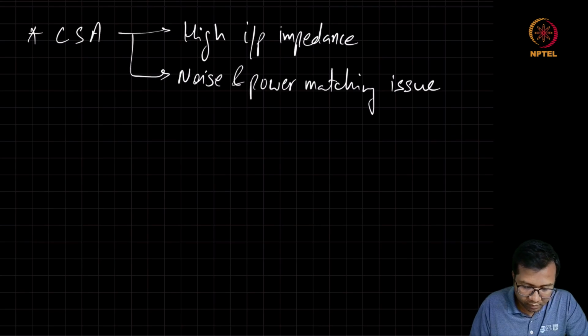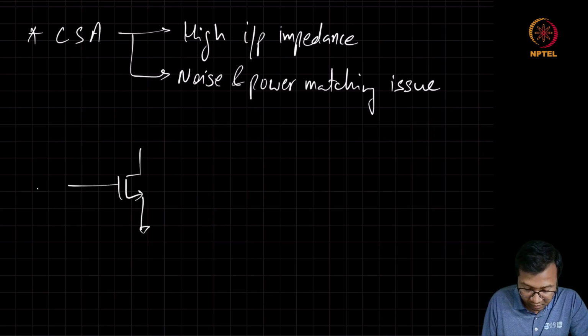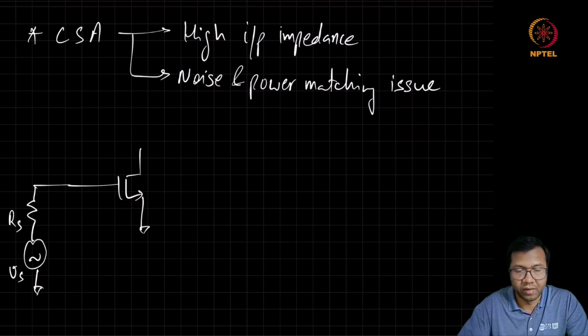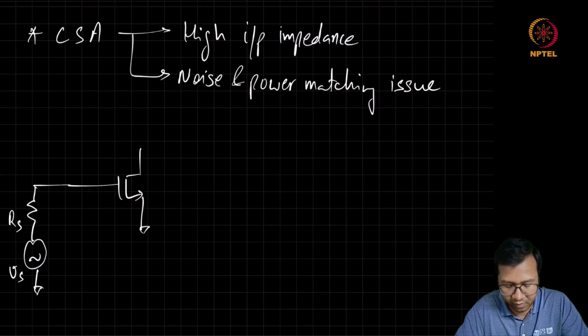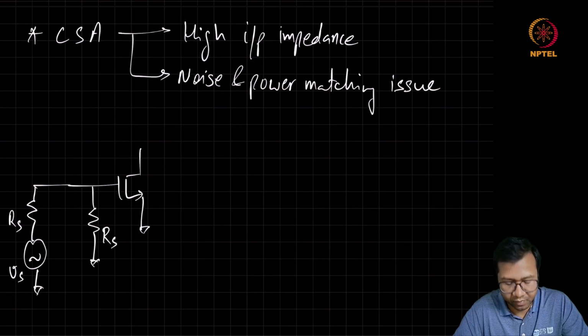So one way to solve this input impedance problem is we can take a common source stage, and we know this Vs will have a source resistance of Rs. So we can just add another resistance Rs for matching.